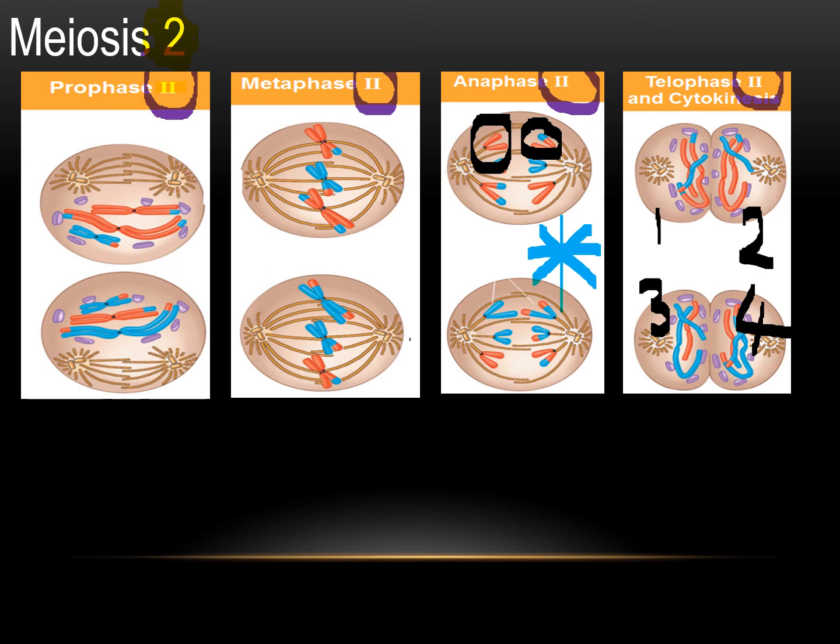They are genetically different because of the process of prophase, when crossing over took place, and they are also genetically different as a result of metaphase 1, because when the homologous chromosome pairs lined up on the equator of the cell, they lined up independently. So that also contributed to genetic variation. And that brings the process of meiosis to an end.